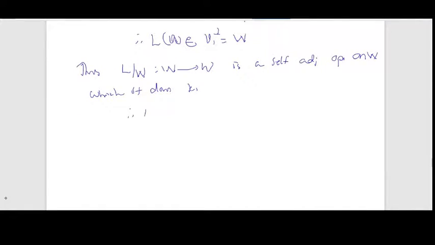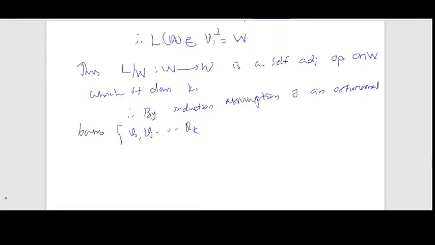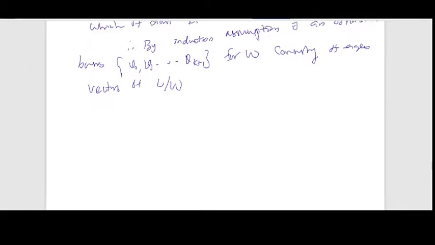Therefore, by induction assumption, there exists an orthonormal basis V2, V3, etc., Vk+1 for W consisting of eigenvectors of this restriction of L to W.